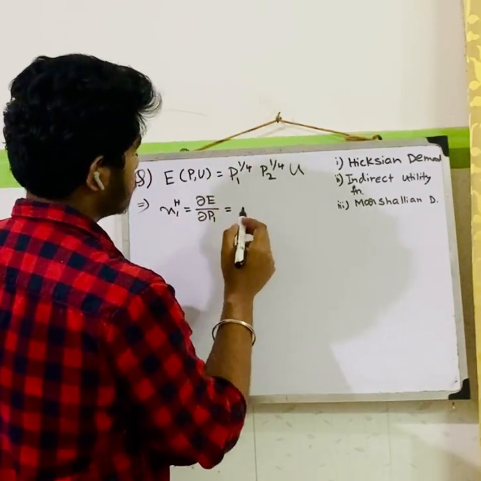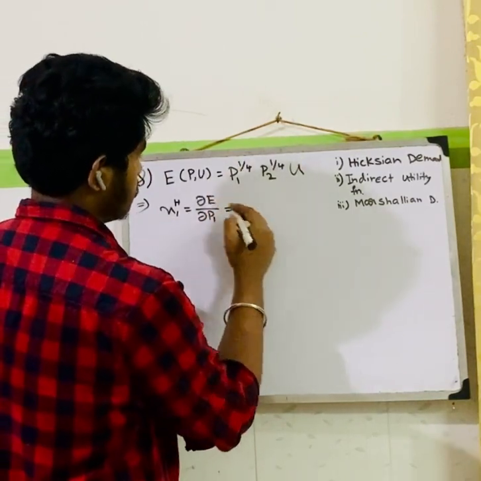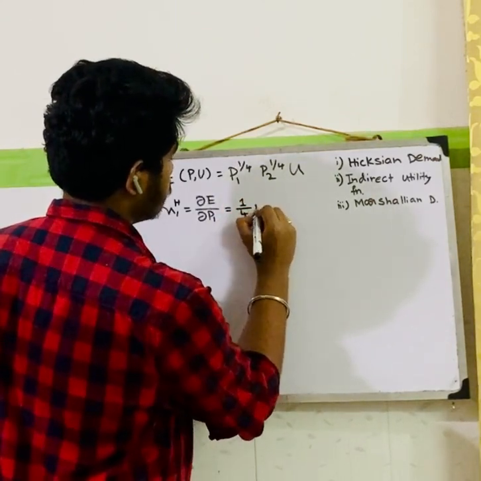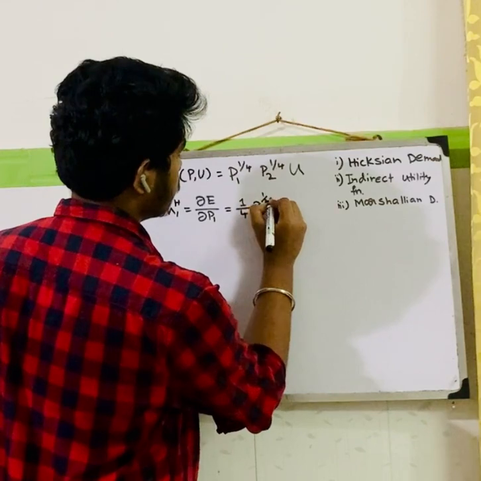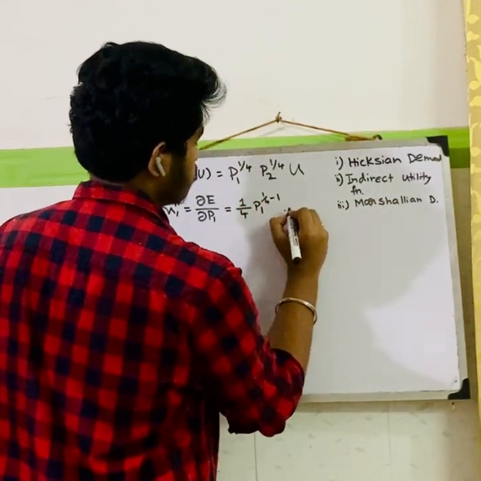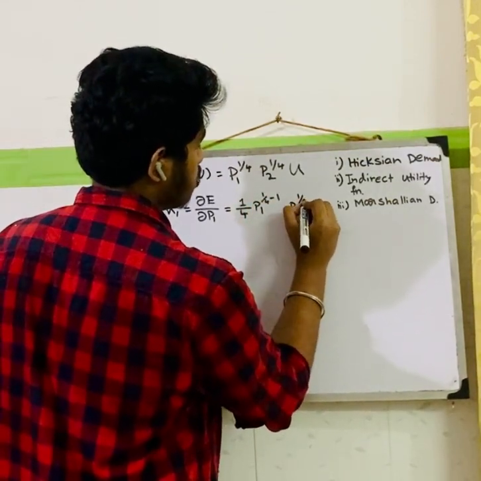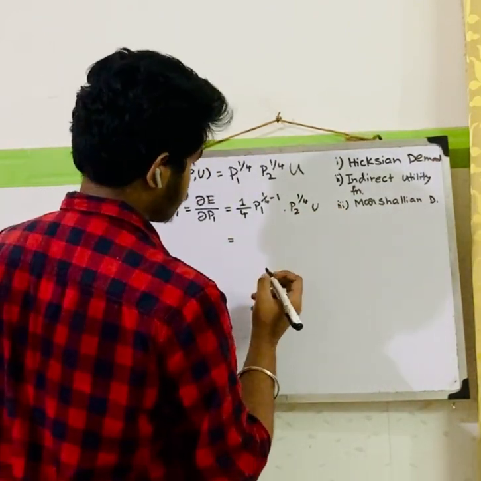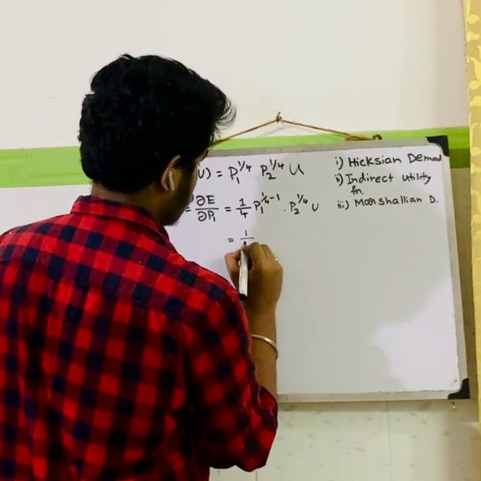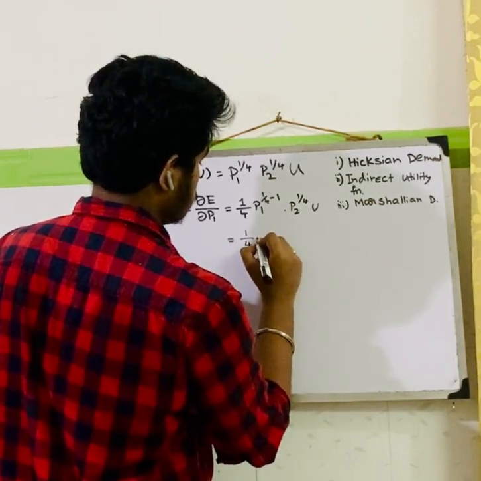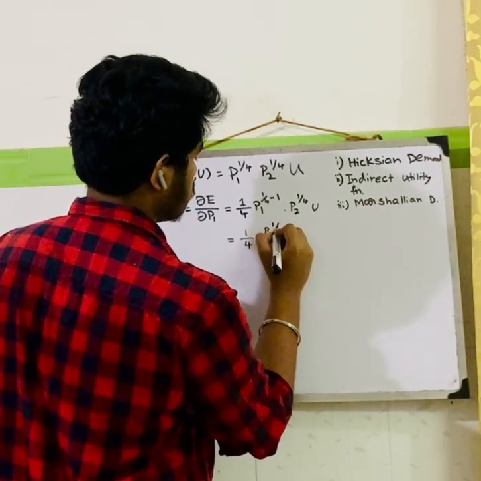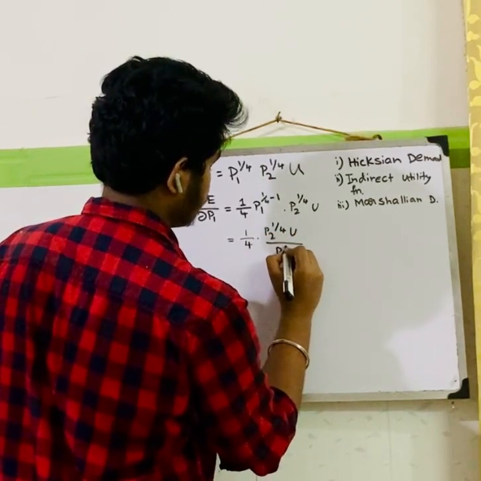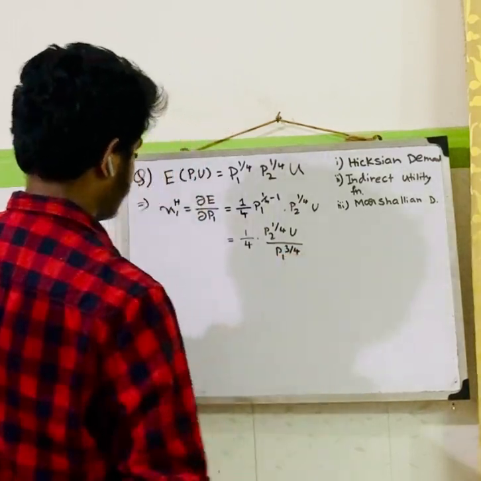So we'll just partially differentiate this with respect to P1, so we get 1 by 4 P1 to the power 1 by 4 minus 1 into P2 to the power 1 by 4 U. So this comes to 1 by 4 into P2 to the power 1 by 4 into U by P1 to the power 3 by 4.